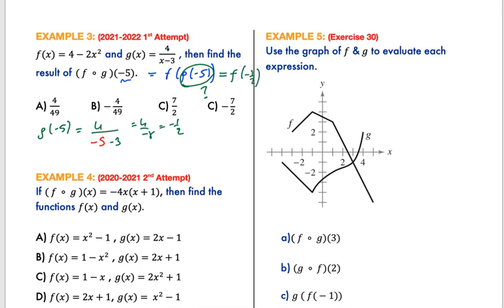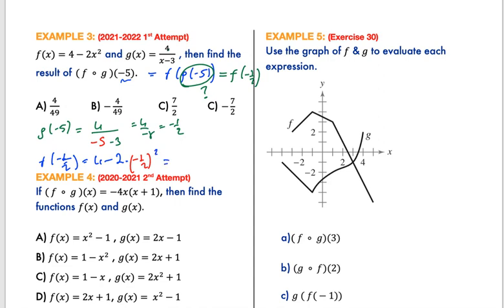Now the question is, what is f of minus 1 over 2? I will do the same. I will take this value and substitute it into the f function for x. So 4 minus 2 times x, which is negative 1 over 2, and there is a square here.